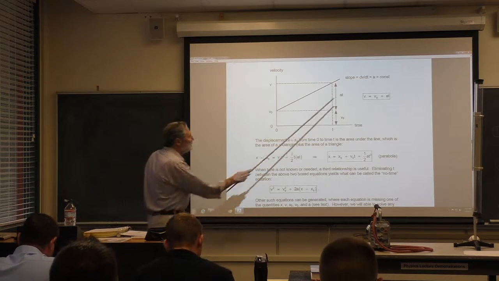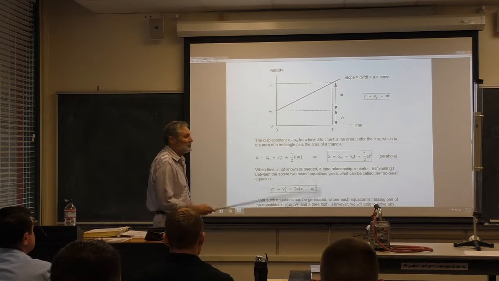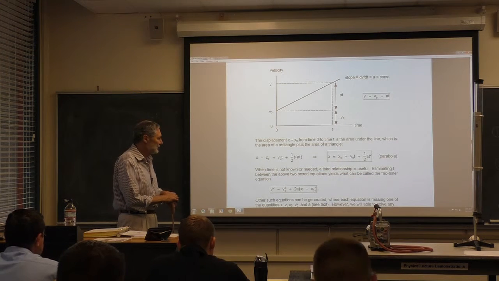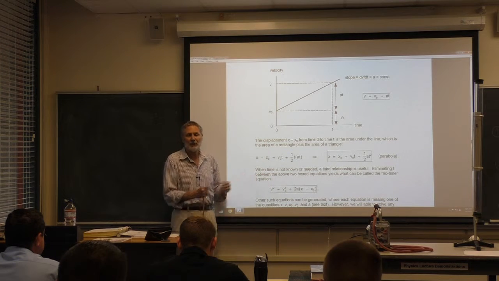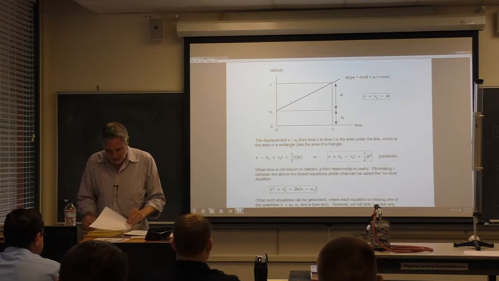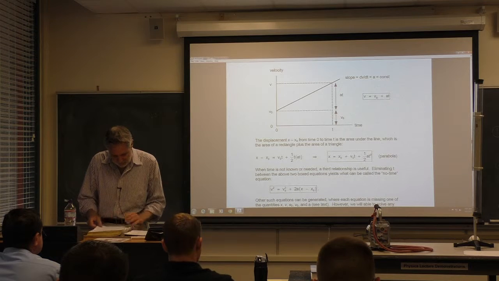So there are three equations we'll be working with. Here they are. We derived these graphically yesterday. You can look for an analytical proof in the textbook. So we're just going to explore these today, and we're going to do it in two different ways. We're going to do demonstrations and problems. So let's begin with a demonstration.